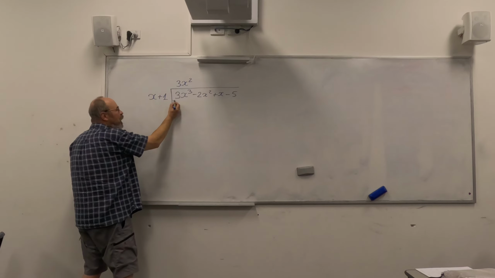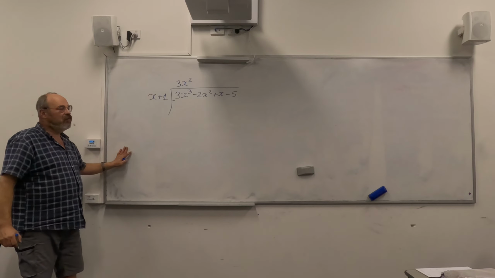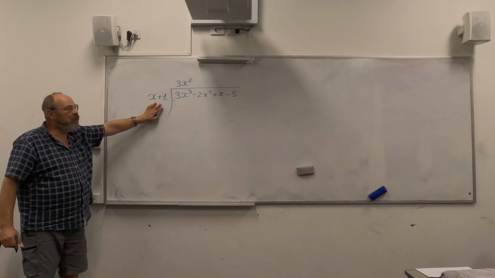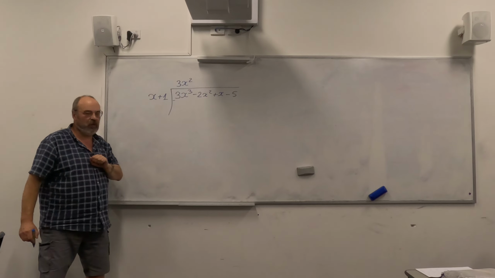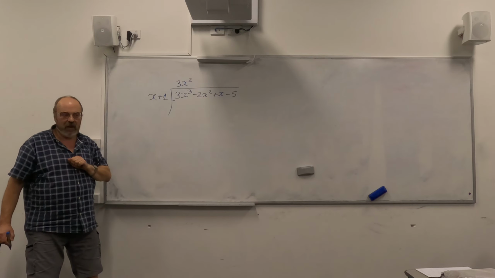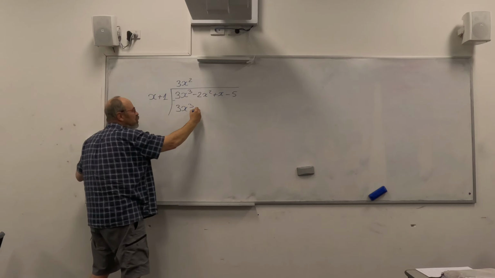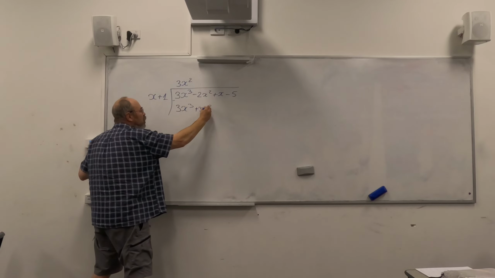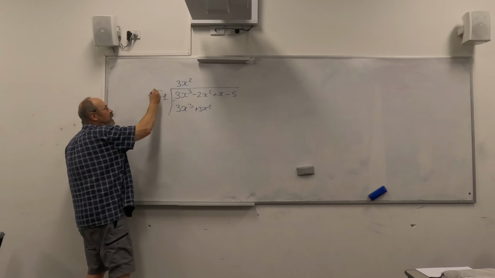Then we put minus and we multiply x plus 1 by 3x squared. We'll have minus 3x cubed and 1 times 3x squared, plus 3x squared.